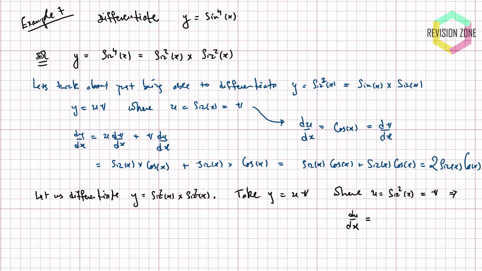So sine squared differentiated is 2 sine x cos x, and that's the same thing as dv by dx, of course, because my u and v are defined to be the same.